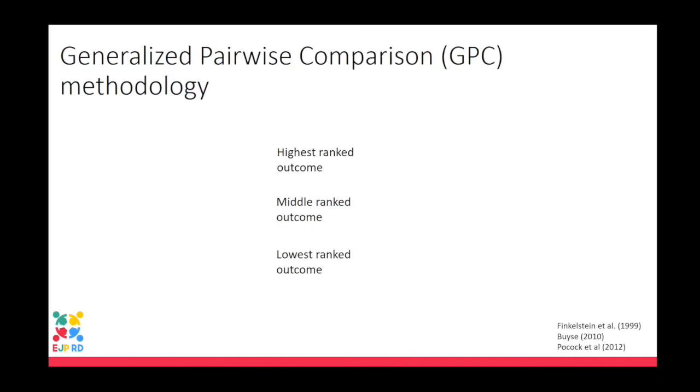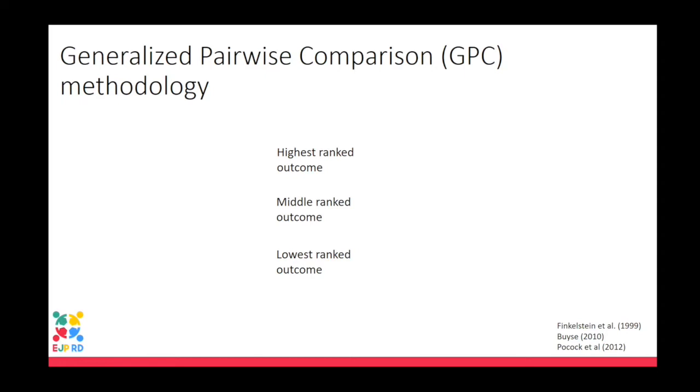Now, the most used generalized pairwise comparison methodology is the one that first prioritizes the outcomes. So we also call it prioritized GPC. You first rank the outcomes that you have, usually by severity, so the most severe outcome is ranked first.